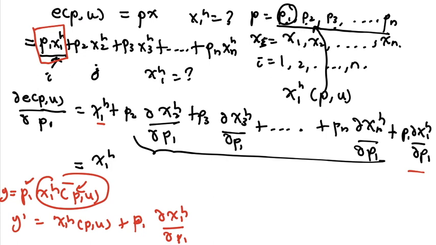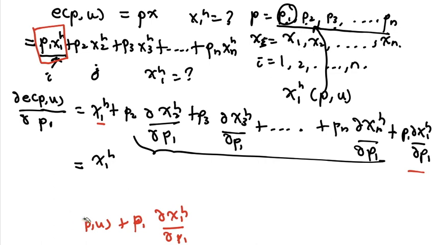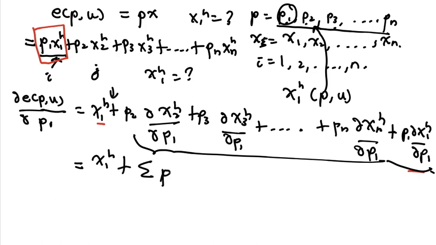Now, let me erase this. Like I said just now, I'm moving to the second line of this differentiation of the expenditure function with respect to P1 because I want to find out whether the answer is the same as the Hicksian demand function for good one. So I can simplify the whole thing after the plus sign here, as the sum of price times delta xhj over delta P1, isn't it?